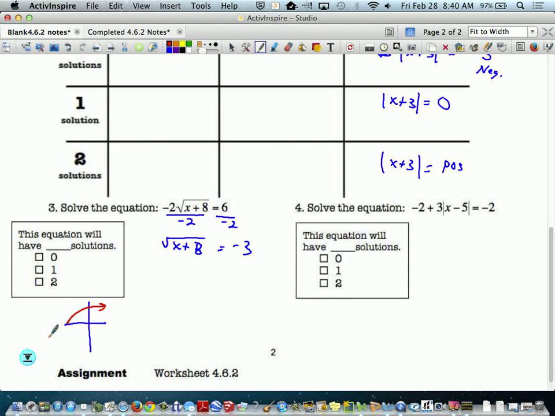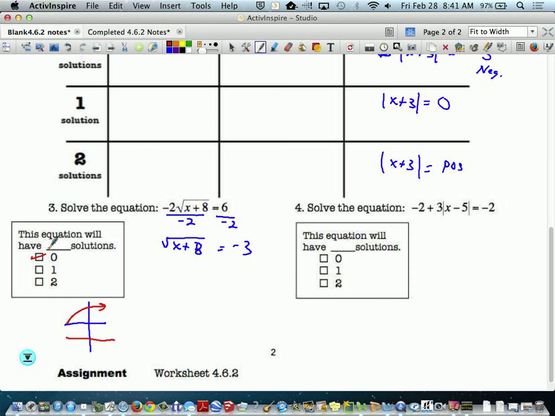If you draw the square root of x plus 8 graph, it looks something like this. When is it touching -3? Never. So there's a 0 situation.